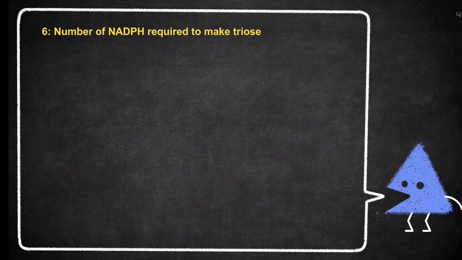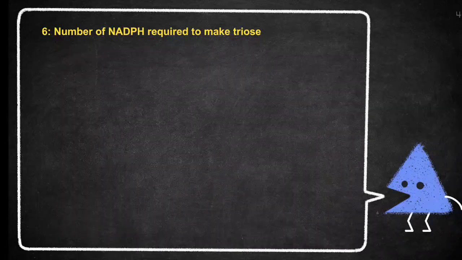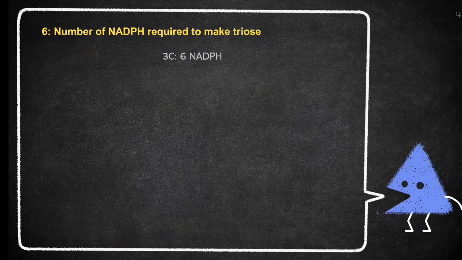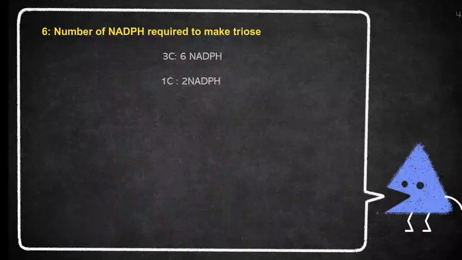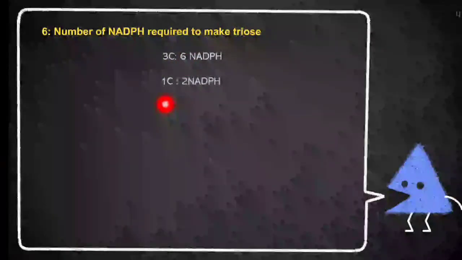So in case of ATP, you have to multiply the number of carbon atoms with 3, while in case of NADPH, you have to multiply the number of carbon atoms with 2. Got it? So 3 carbons were there, 6 NADPH were required in the Calvin cycle. So for 1 carbon, 2 NADPH will be required, because you will divide 6 by 3. So it will become 2.